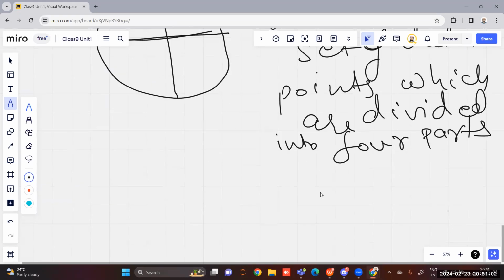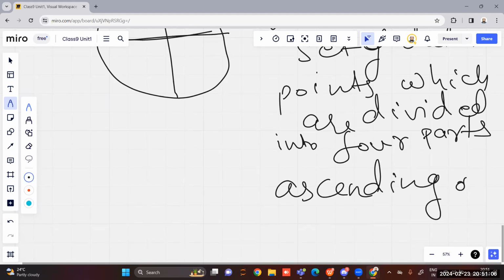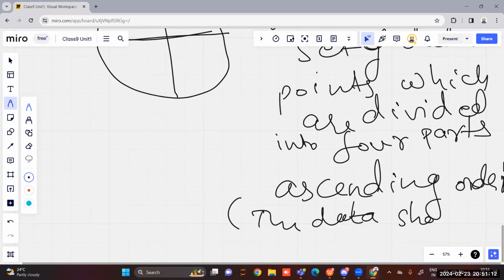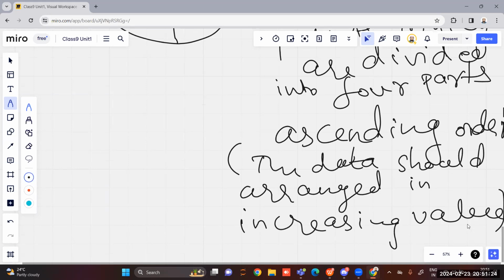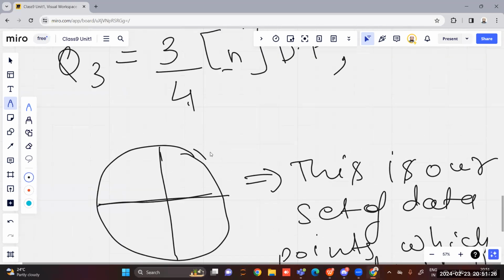The thing that is very important is that it should be in ascending order, meaning the data should be arranged in increasing value. I'll explain so the example will be more clear.